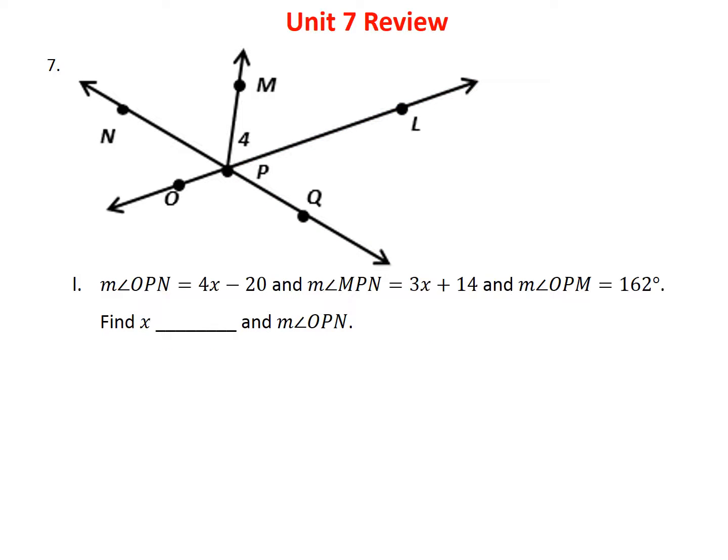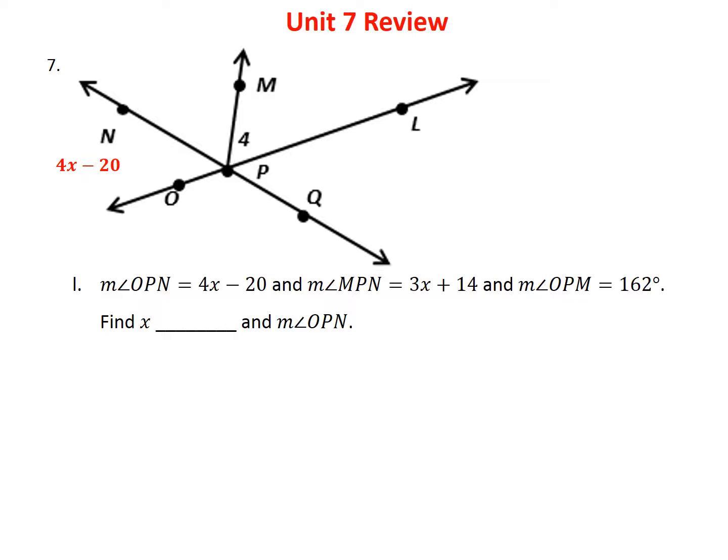Problem 7L gives us a diagram of several lines forming angles and asks us to solve to find the degrees of one of the angles. First, it gives us that measure OPN is 4x minus 20. If I look at point O and with my pencil go OPN, I see it's that angle there, and I'm just going to write 4x minus 20.